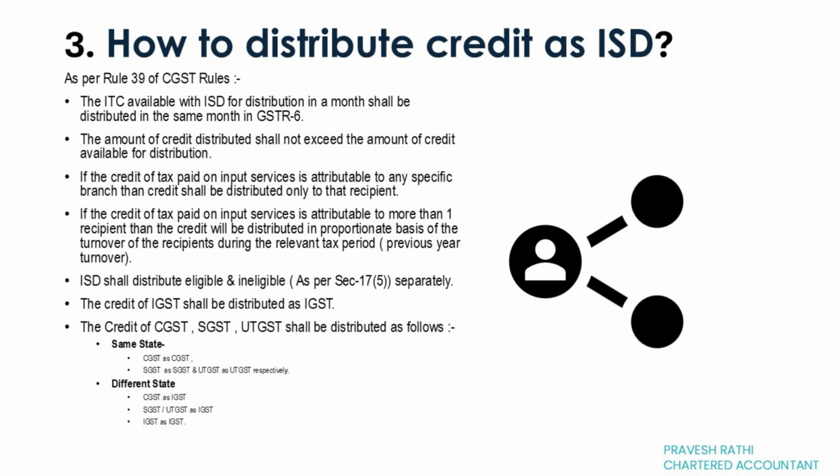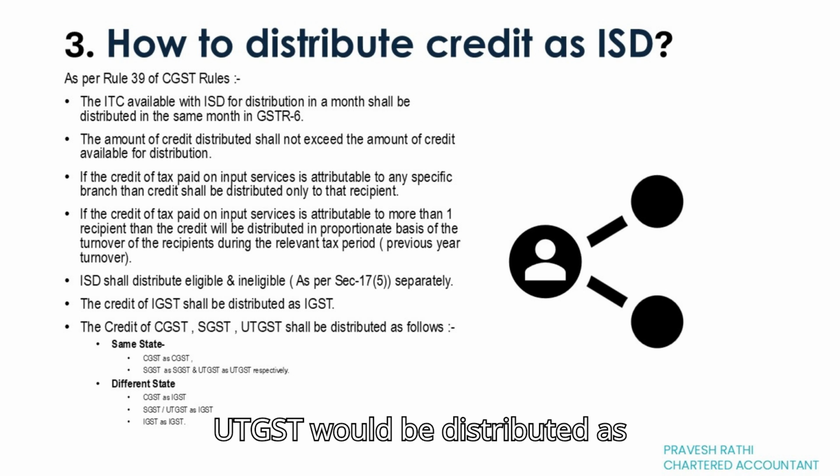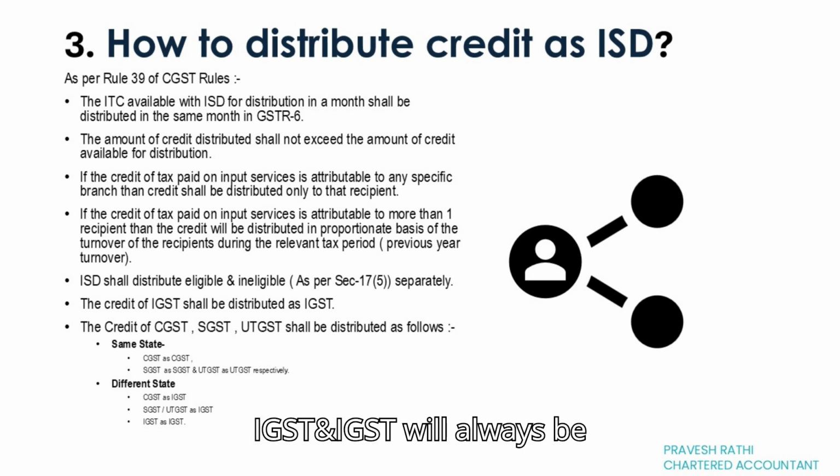In case the recipient is from a different state, then CGST would be distributed as IGST, SGST and UTGST would be distributed as IGST, and IGST will always be distributed as IGST.